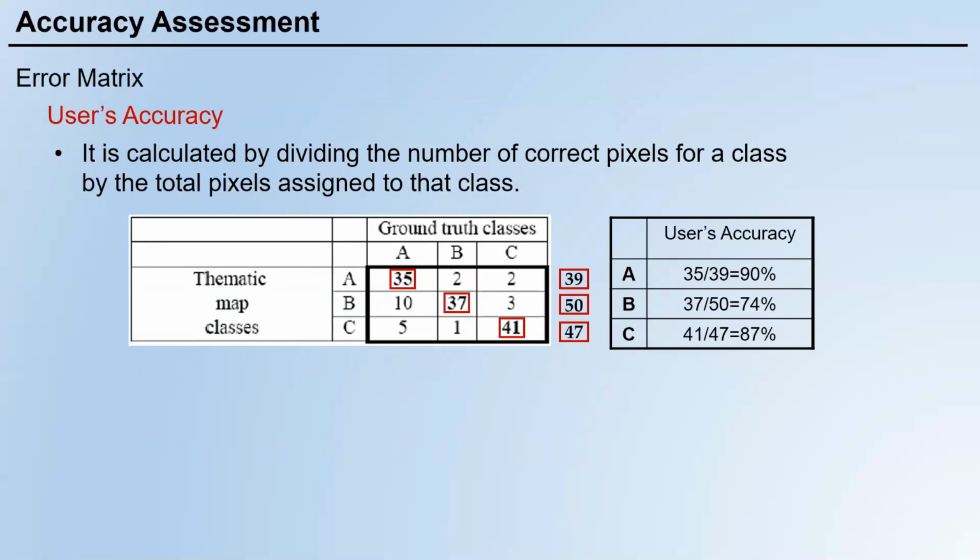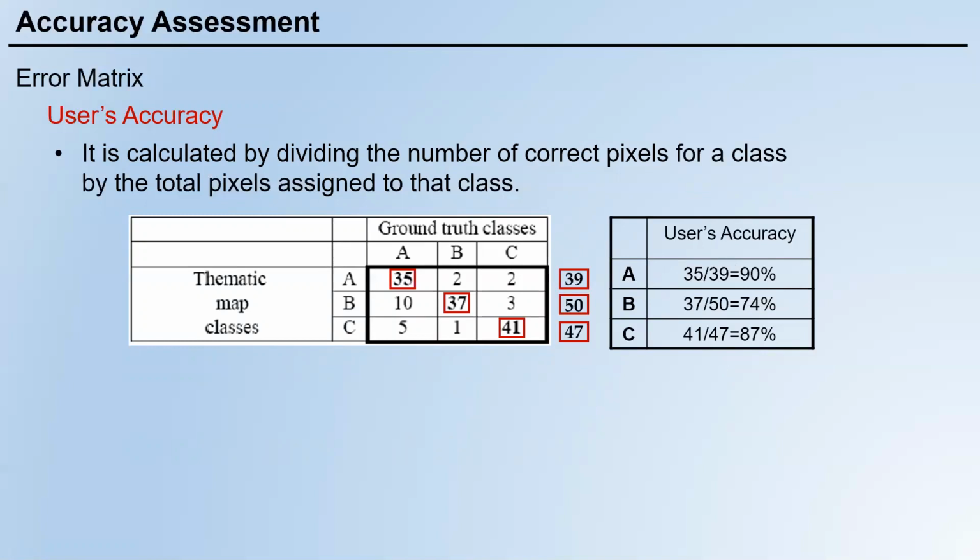It's worse than class A, or you can say it's not as good as class A, because the method you used produced a 90% accuracy for class A, but only 74 for class B. So you can say that even for the same classification method, depending on a specific classification of a specific image, its performance for different classes could vary.